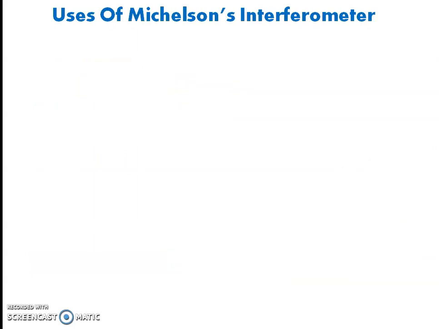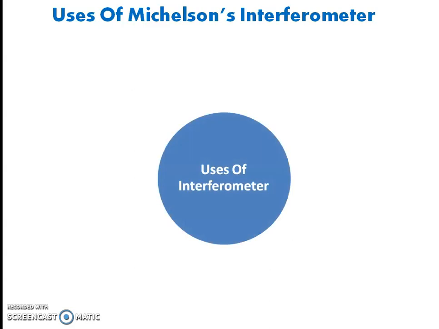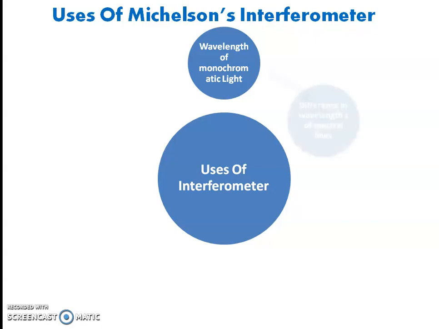Now, what are the applications of Michelson's interferometer? There are various applications. The first one is that it is used to determine the wavelength of monochromatic light. Precision measurement of wavelength is done with the help of Michelson's interferometer.